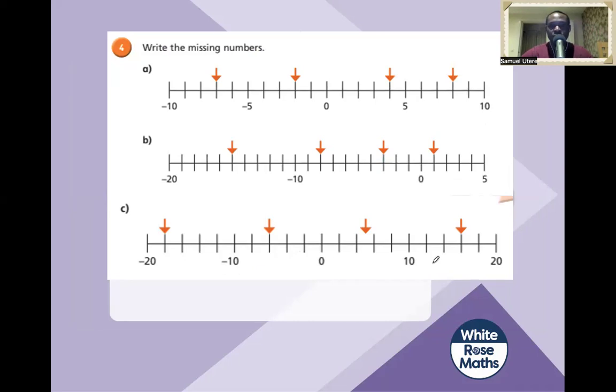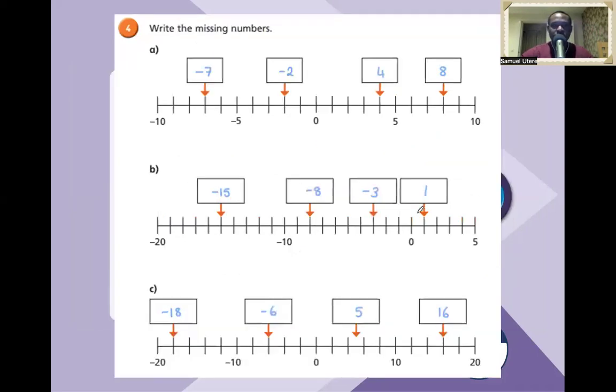Assuming you've paused the video and you've answered question 4, here are the answers. So here is testing your knowledge or helping you practice how to read intervals and your number line. So just to discuss this one, why have we chosen this to be -15? We can see that between here and here, we have 0 and 5.